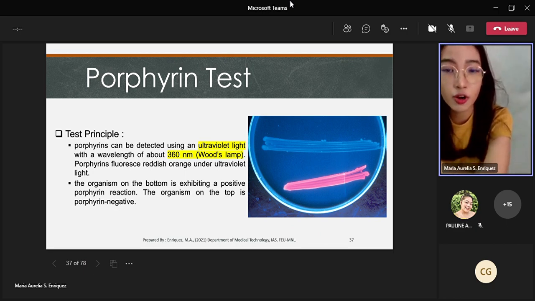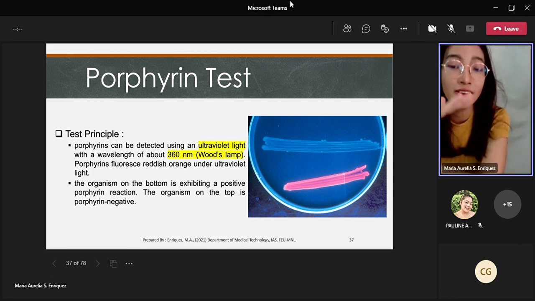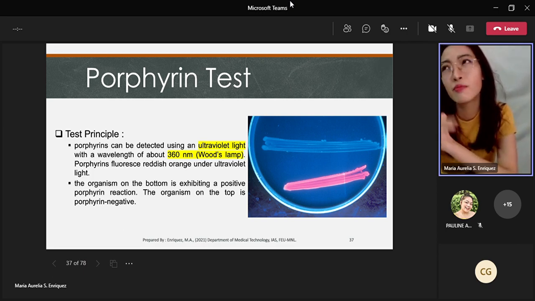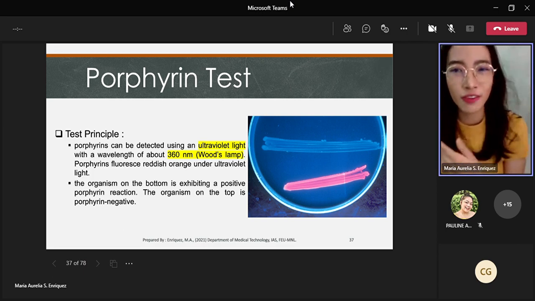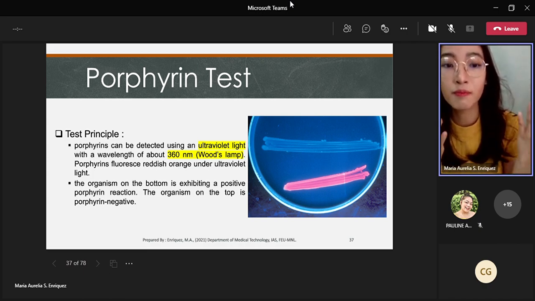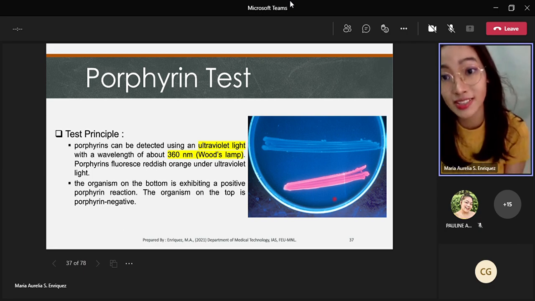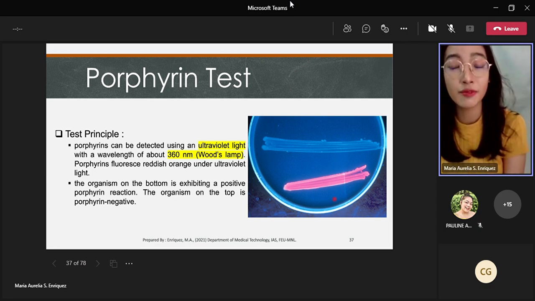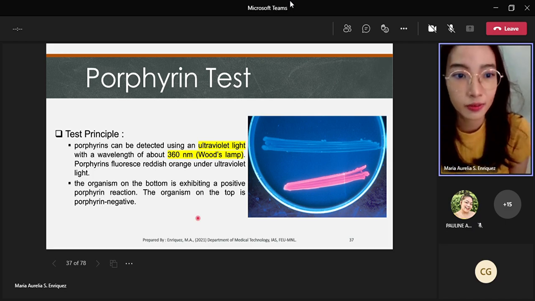As shown in this picture, the organism on the top is porphyrin negative, and the streak at the bottom is positive for either porphyrin or porphobilinogen production. We can't really differentiate kung porphyrin or porphobilinogen ba yung produce niya, but if it was able to produce this type of fluorescence, at least we know na positive siya sa porphyrin test and hindi niya po kailangan yung X factor.